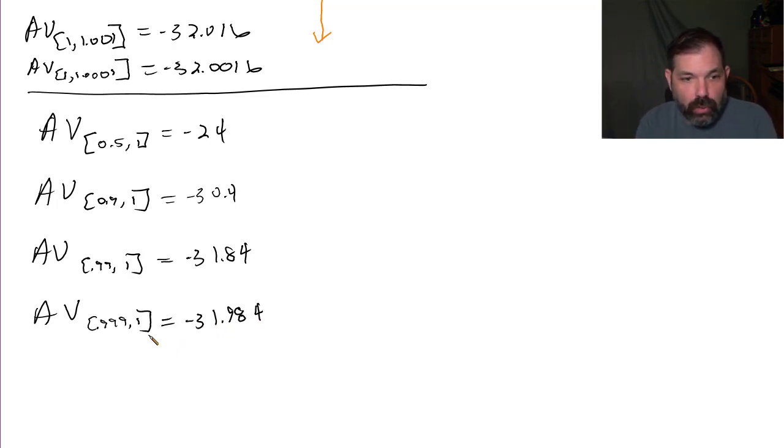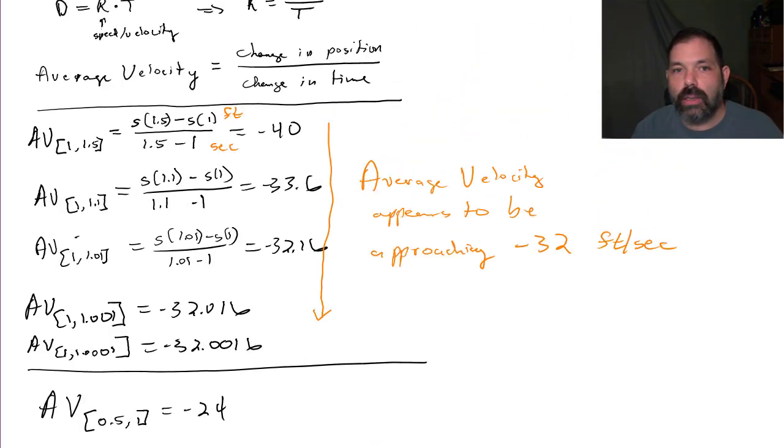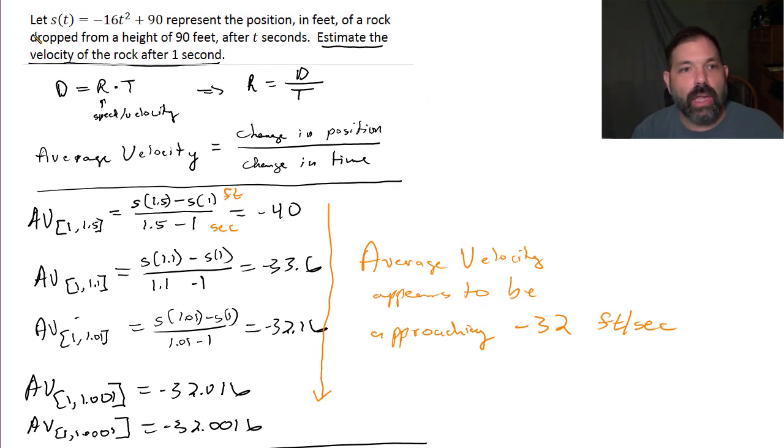My interval is near 1, and it's a very small interval near 1. And the average velocity is, again, getting close to 32 feet per second. So, my conclusion, estimate the velocity of the rock after 1 second. I would estimate that to be negative 32 feet per second.